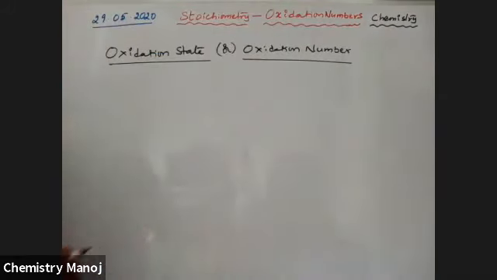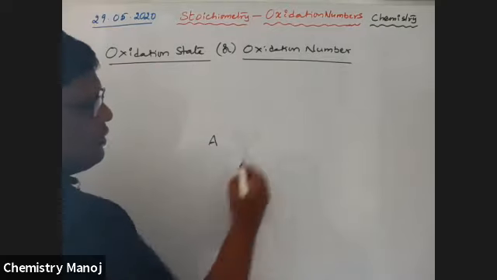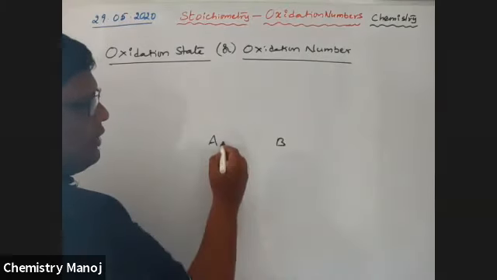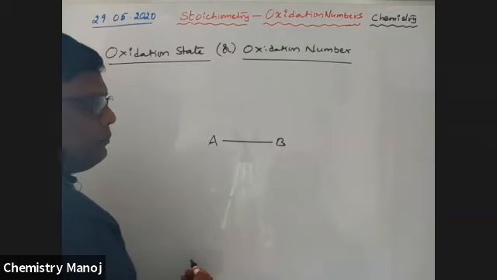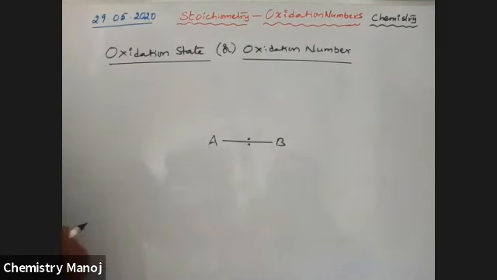In our chemistry, because of the electronegativity difference between the bonded atoms, let A be one element and B another element. There is a bond between A and B. Where there is a bond, there is a pair of electrons, called the bond pair of electrons.